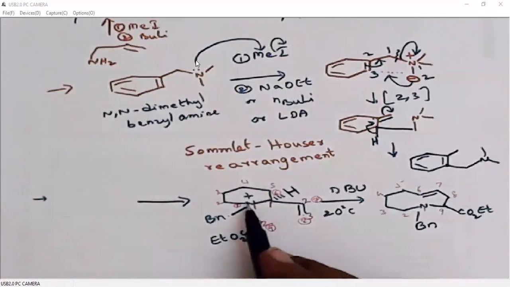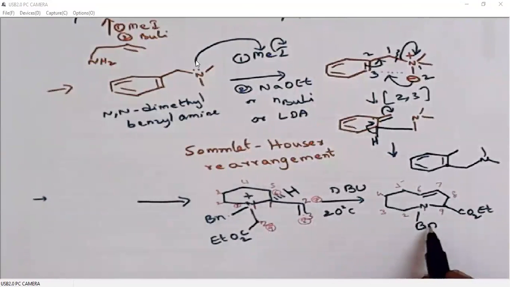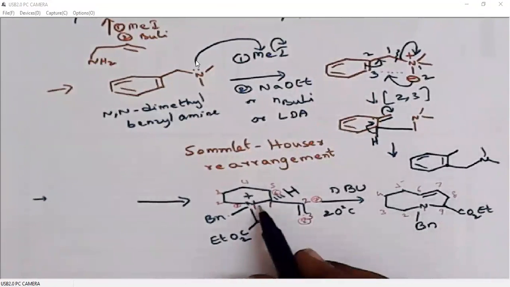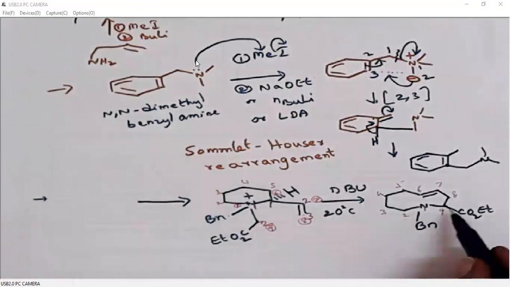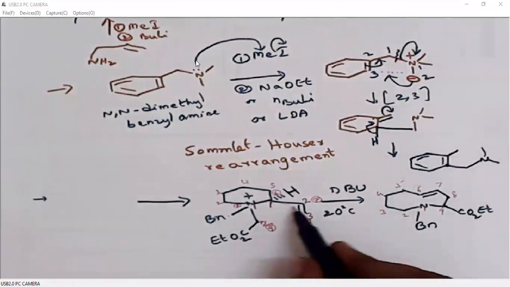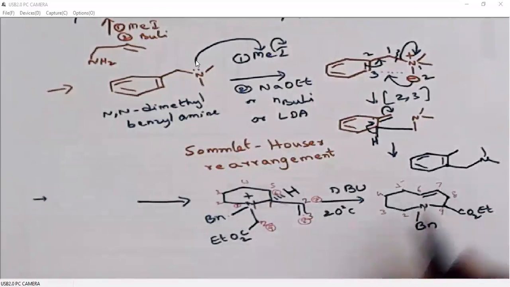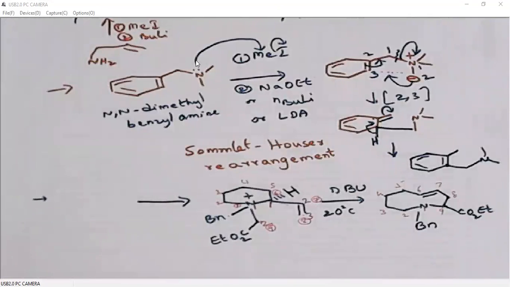Yes, on the first system, nitrogen is the benzylic system, and this is the 9th carbon, and this is the 8th carbon. We have a double bond here between these two systems, so 6 and 7. I'll give one more example for your practice.